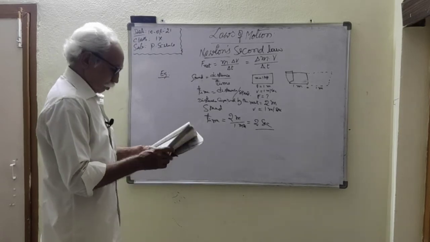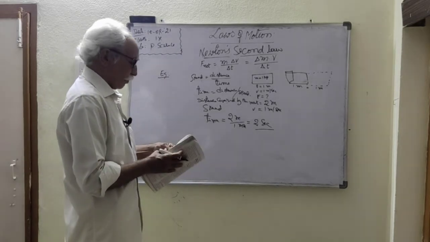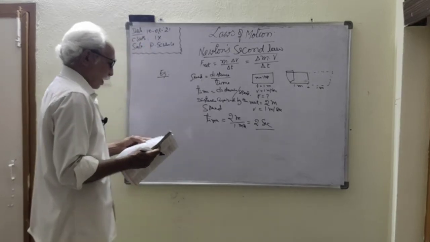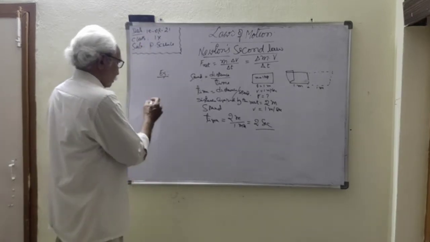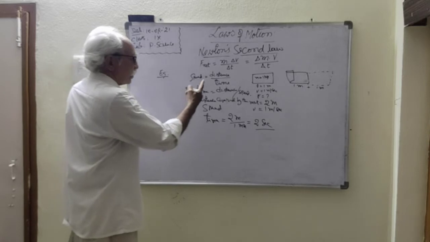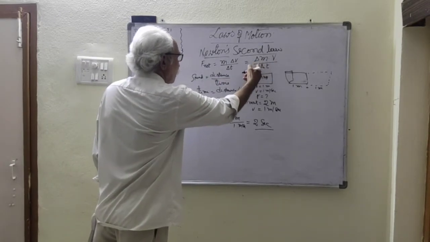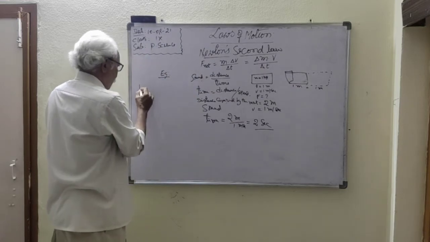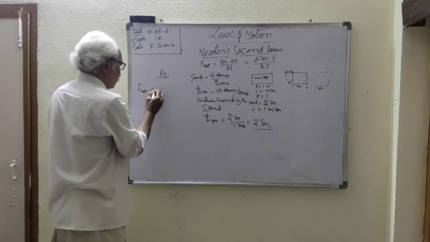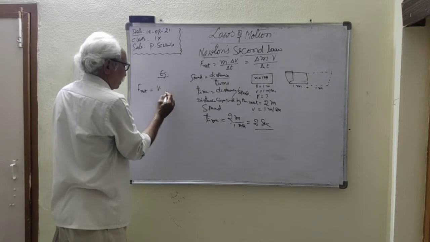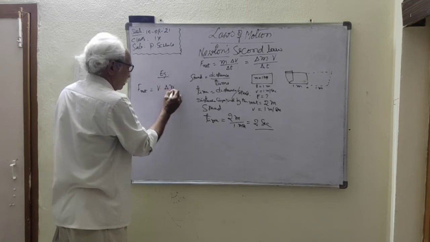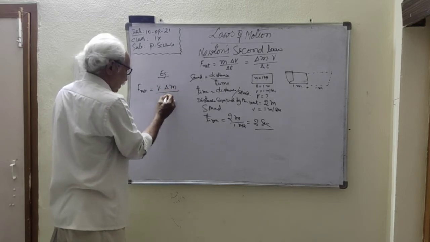Next, after finding the time, we find the net force. Which quantity is changing here? Speed is constant, but mass is changing. So this formula you have to apply: net force is equal to velocity into change in mass by time.